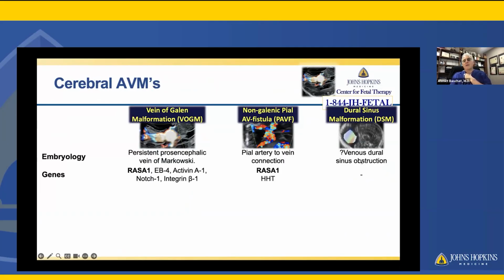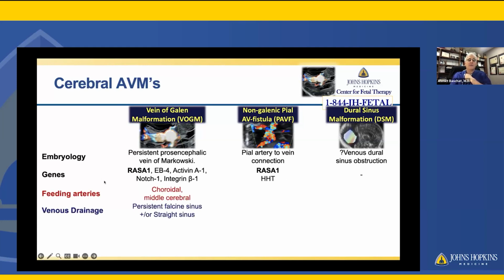The etiology of the latter form isn't completely known, and both the vein of Galen and the pial AVMs are associated with single gene loci that are involved in vascular sprouting and how vessel development happens in the period of vasculogenesis in the fetal brain.